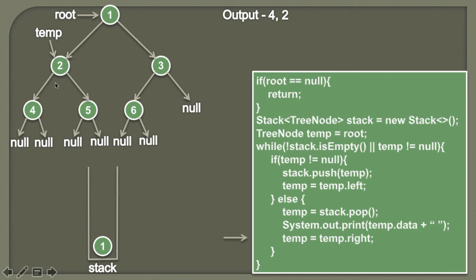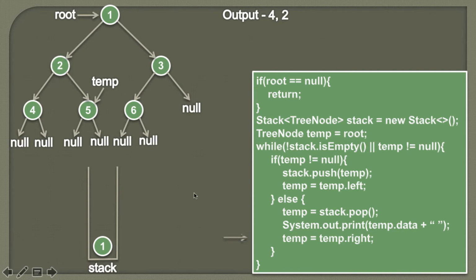As we have visited the left subtree for the node 2 and we also visited the node 2, now is the time we go to its right subtree. Therefore we are simply assigning temp.right value to temp. So it would look something like this. Now temp is pointing to the node 5 because it is on the right of the node 2.